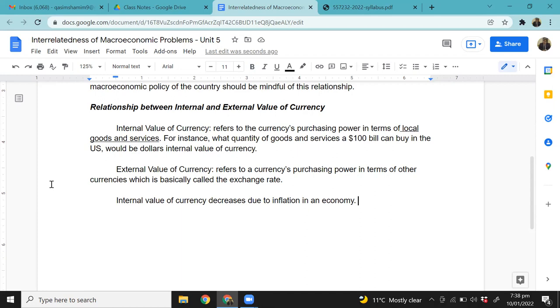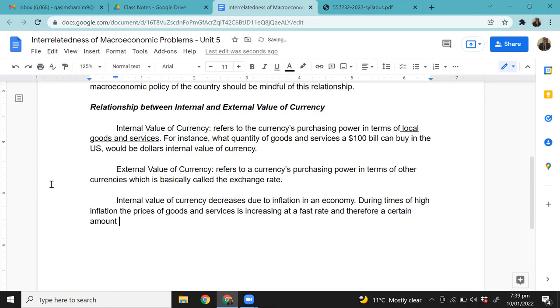Let me write this down. High inflation, prices of goods and services increasing at a fast rate, and therefore a certain amount of local currency will now buy lesser quantities of goods and services, right?